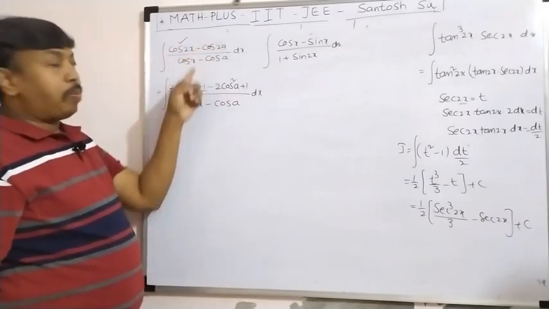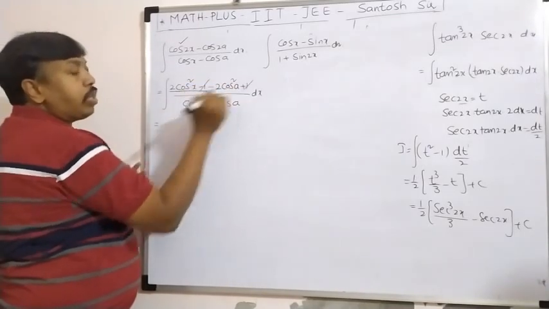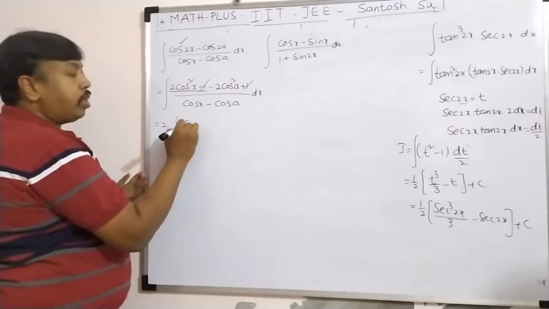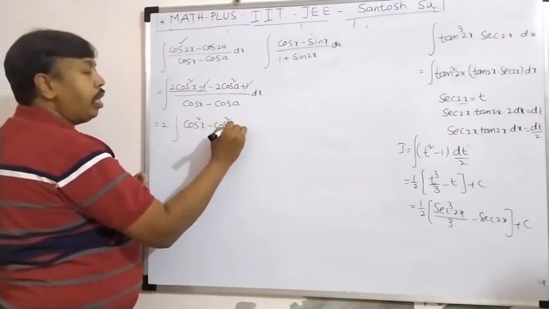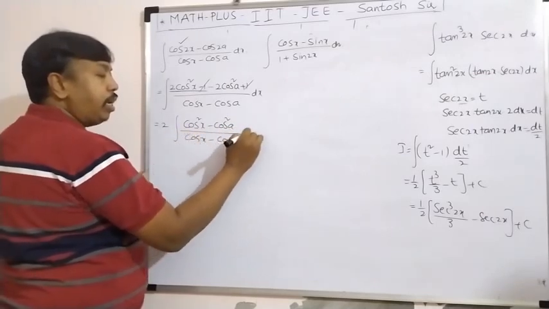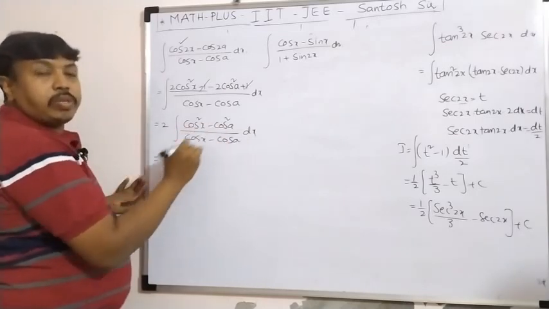I am splitting this minus into the bracket. So now this plus 1 minus 1 gets cancelled. I am taking 2 outside from the remaining two terms, (cos square x minus cos square a) upon (cos x minus cos a) dx. Now this is the a square minus b square formula.